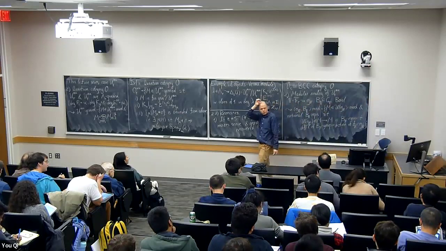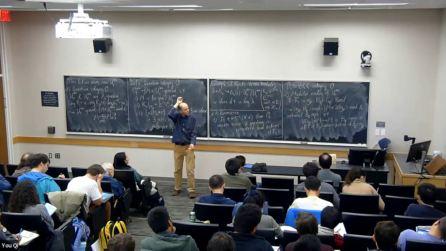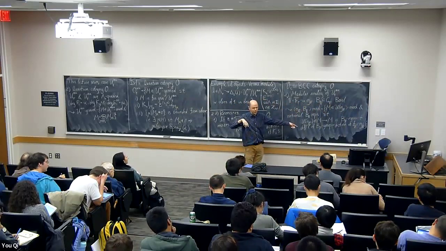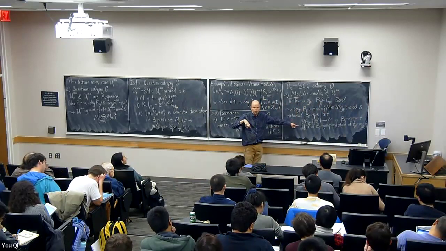So these are the two conditions. This condition has a name. It's usually called strongly B_F-equivariance. This is weak equivariance. This is strong equivariance.